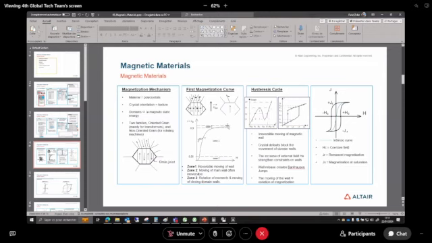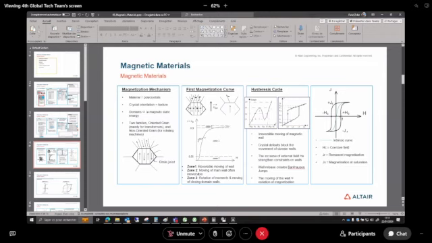Then when we saturate and we start to decrease the magnetic field, we will not come back the same way, in the same path, but we will go back with what we call a hysteresis effect. When we have zero magnetic field, we still have a remanent flux density. So we magnetize the iron.